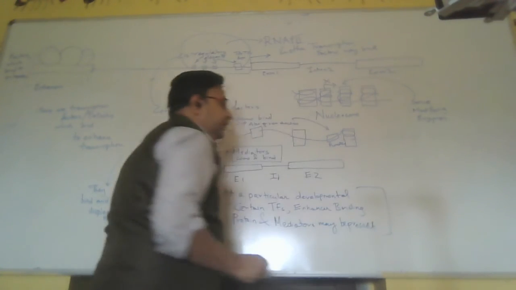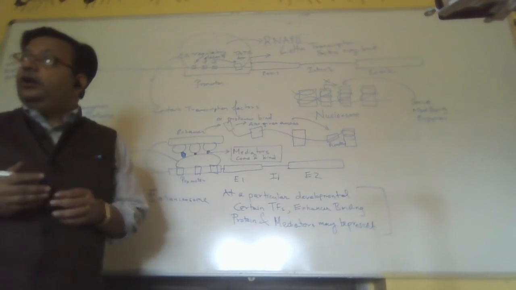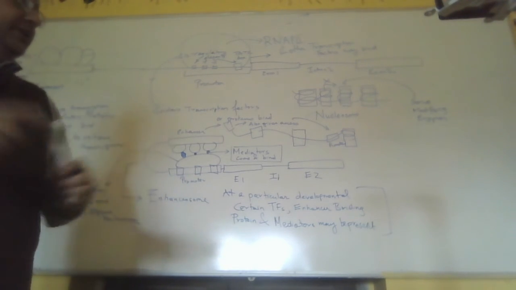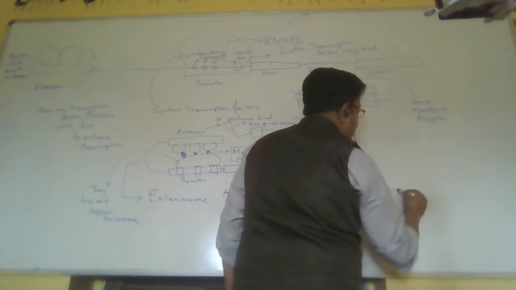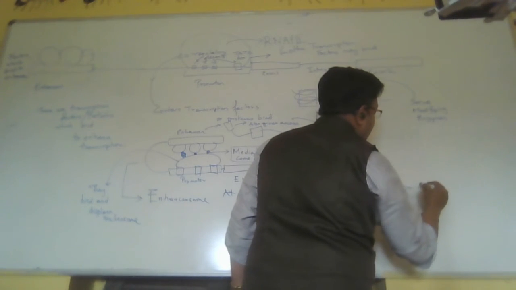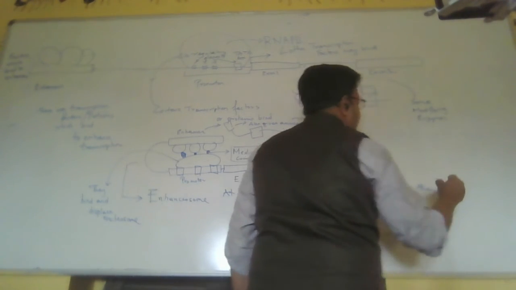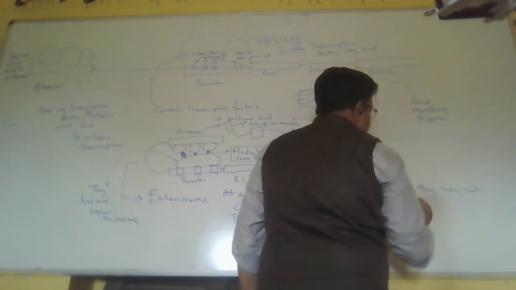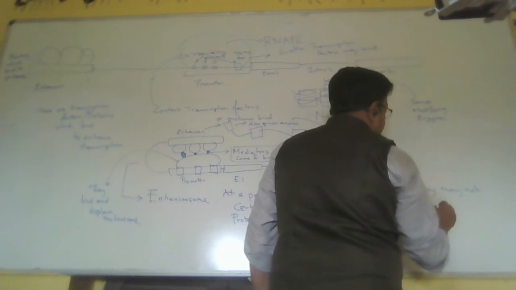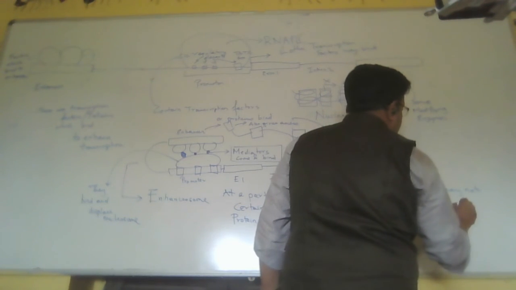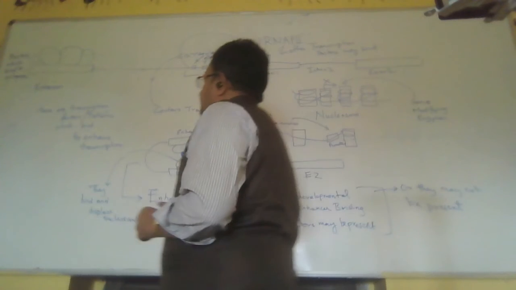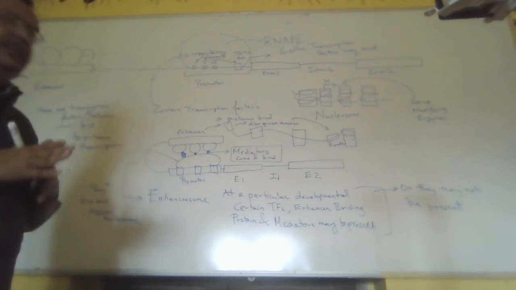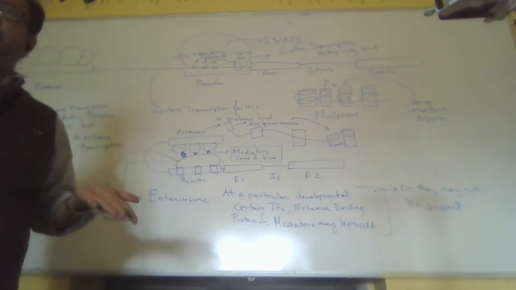And the opposite to it, they may be present or they may not be present. If they are not present, then there is no transcription. So this is how differential gene expression takes place.